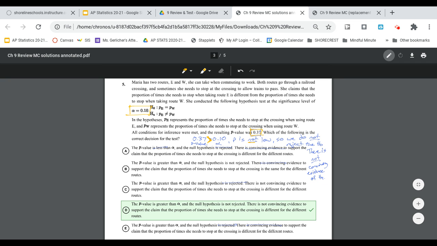Our p-value is not low, so we do not reject the HO. There is not convincing evidence of the HA, which in this case is that they're not equal. So you just got to go find the phrase that says that, and that would be D. P-value is greater than alpha, so we're not rejecting the HO. There is not convincing evidence that they're different routes, which is referring to the HA.